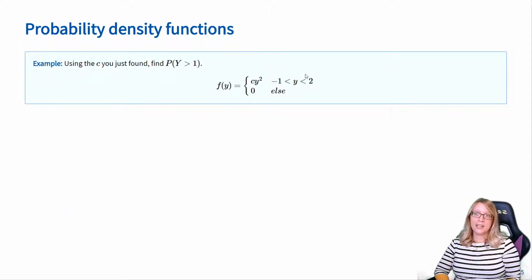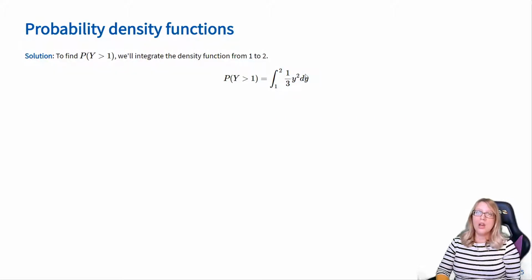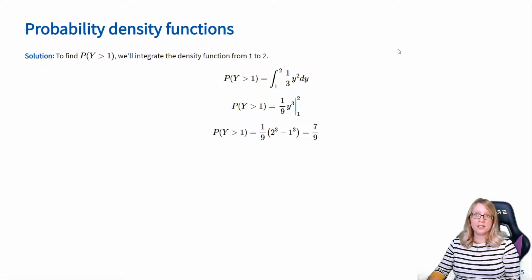Using this c, we want to find the probability that y is greater than 1. So the probability that y is greater than 1 can be found by taking the integral from 1 to 2, 2 being the upper bound because that is the upper range of support for y, of 1/3 times y squared with respect to y. We get 1/9 times y cubed, evaluated from 1 to 2, which is 7/9.